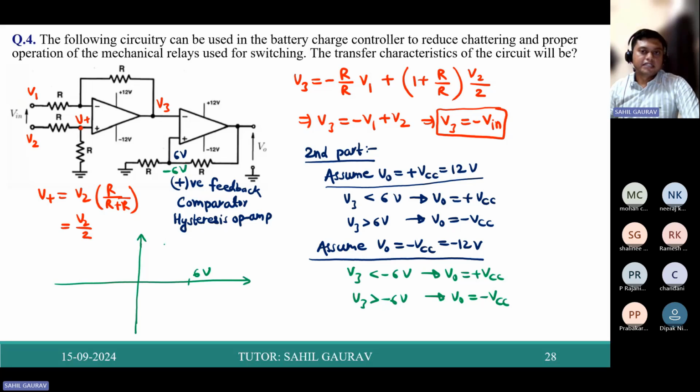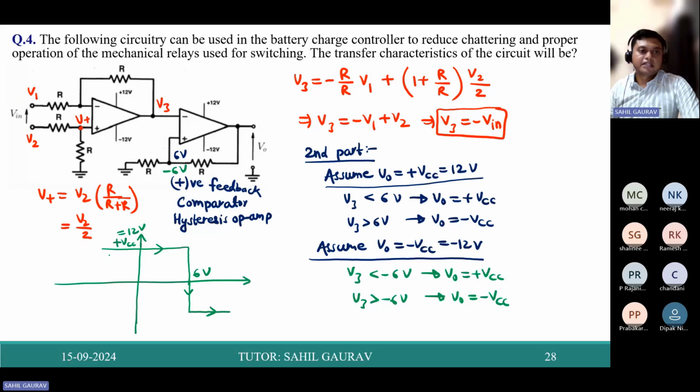If input is less than 6 volt, then we are getting plus VCC, and if input is greater than 6 volt, then we are getting minus VCC. So the curve will come like this, and this will be plus VCC. Plus VCC means 12 volt.